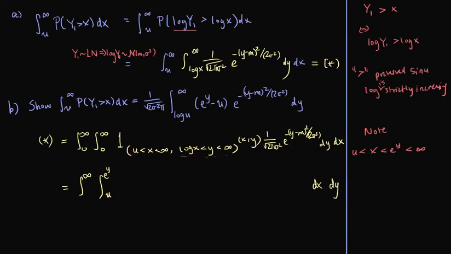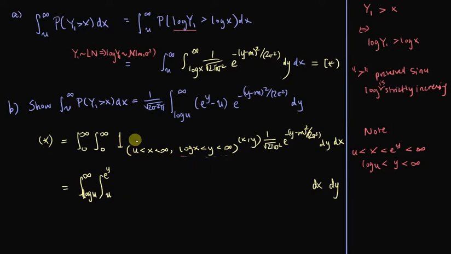So therefore, another thing that we should note is that y should be smaller than infinity, and y should also be greater than log of u. There we go. So now we have taken care of the indicator, and we have switched the order of integration.